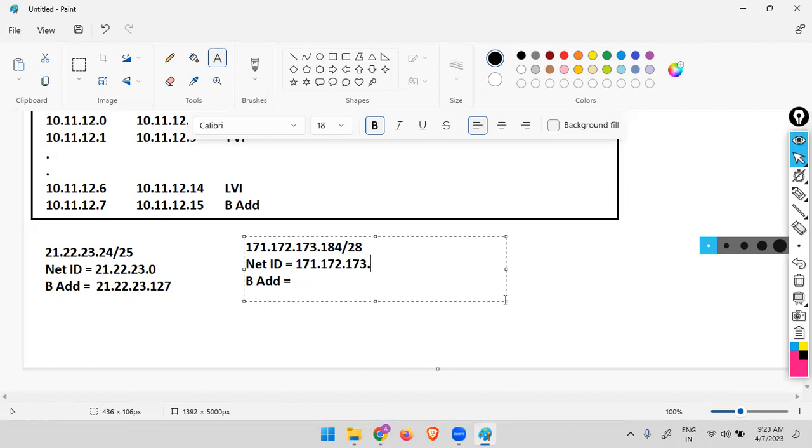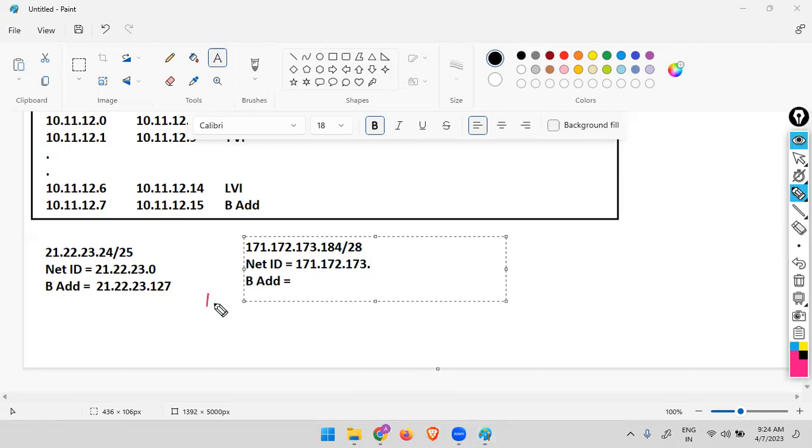So first network 0, then 16, then 32, then 48. After that 64. Then multiples of 64 will be 64, 128, 192. So before 192, what will be the network ID? Subtract 16. 176. Okay.